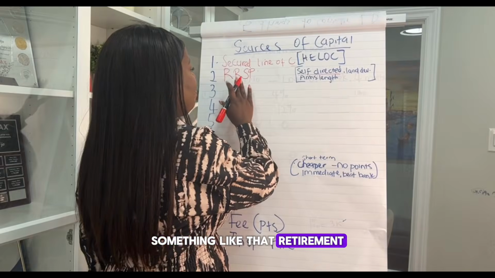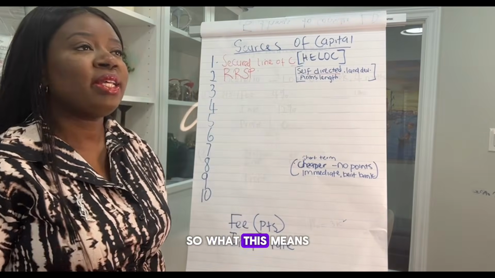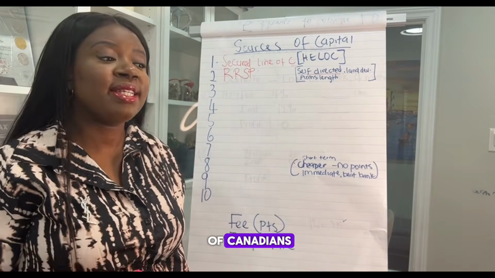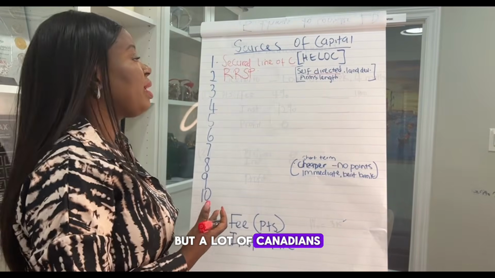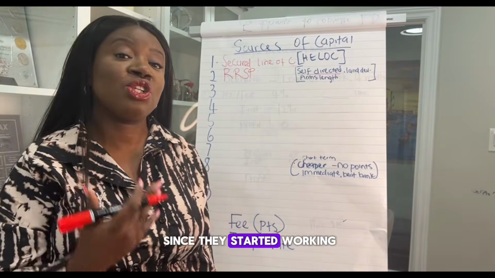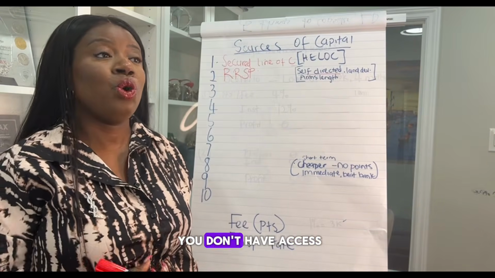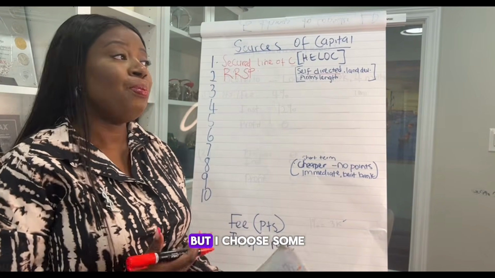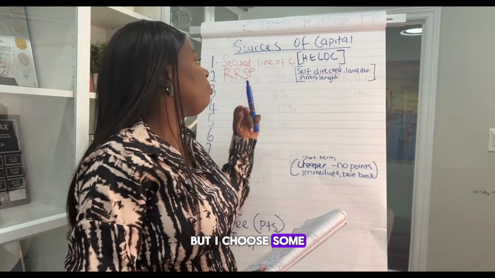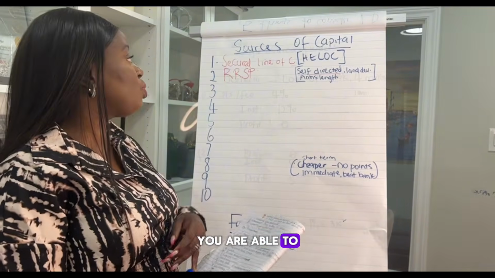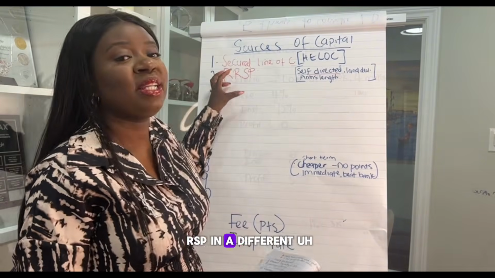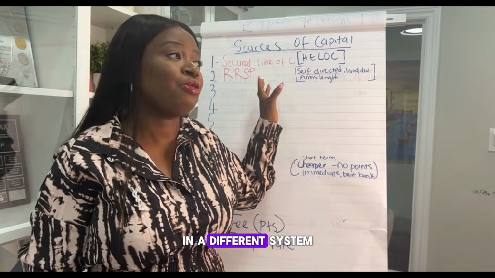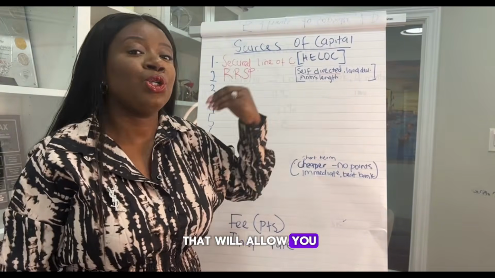In the US I think it's called 401k, but a lot of Canadians have been saving money since they started working. A lot of times you don't have access to this money, but through some different methods you are able to access it, such as putting your RRSP in a different system that will allow you to access it.